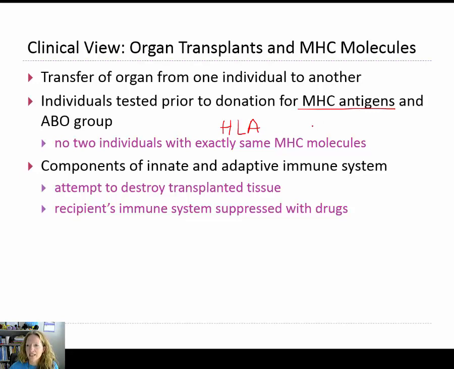Now, no 2 individuals are exactly the same except for identical twins. So that's why if someone's in need of a blood, bone marrow transplant or any other kind of organ transplant, what they go in and do is they look for matches. They look for siblings. They look for parents.